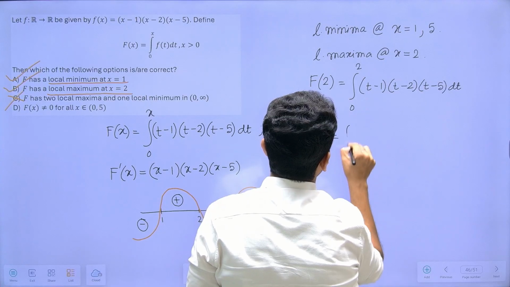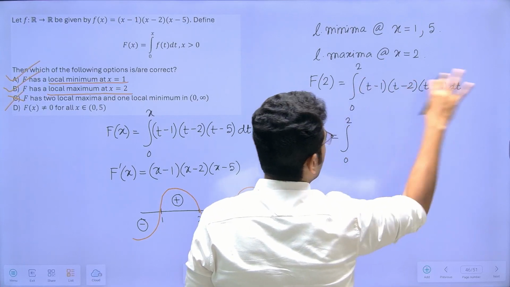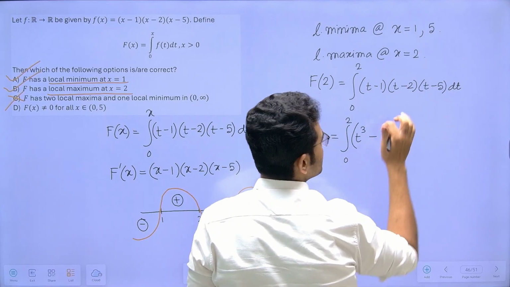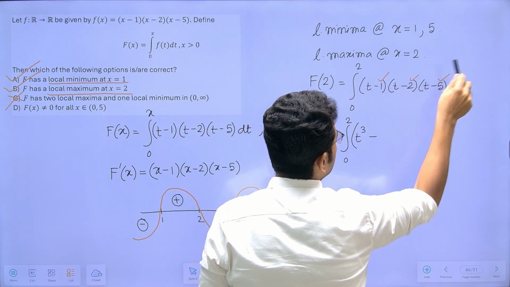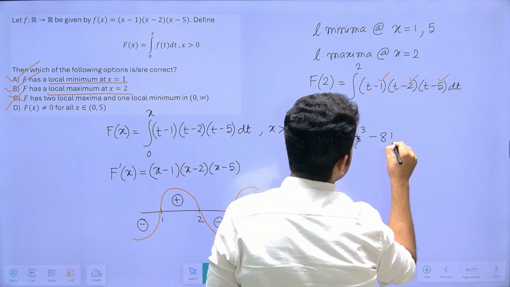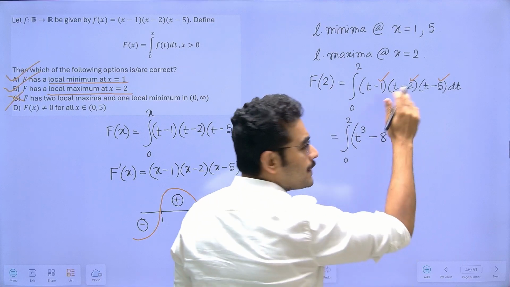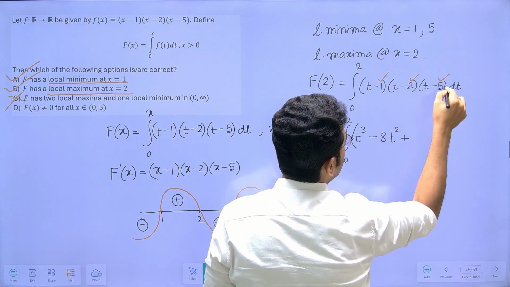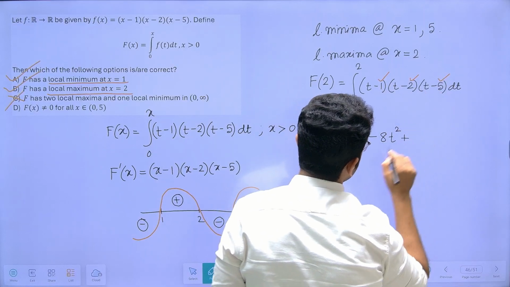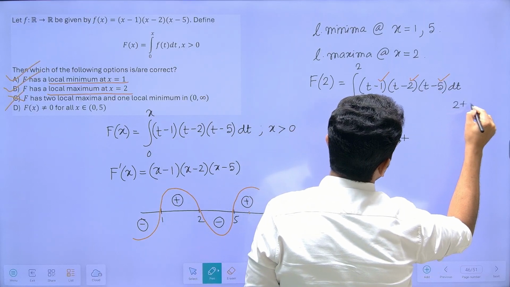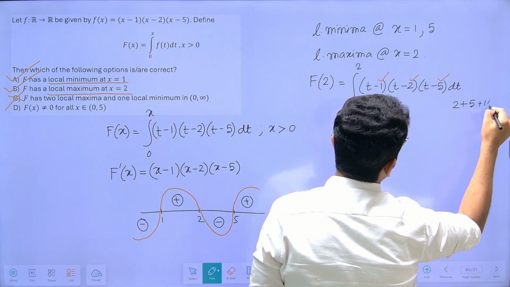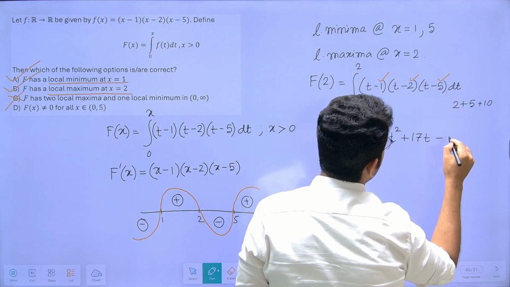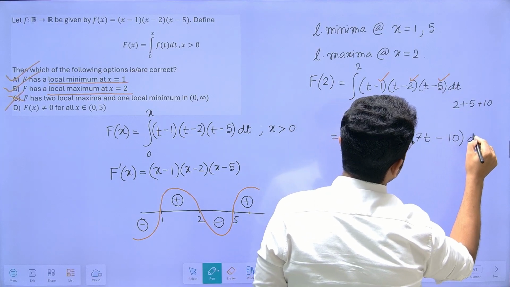If we open this up, it will be a cubic polynomial: t cube minus sum of the roots, 1 plus 2 plus 5, 8 t square, plus sum taken 2 at a time, 1 into 2 plus 1 into 5 plus 5 into 2, that is 17t, minus product of the roots 1 into 2 into 5, 10, dt.